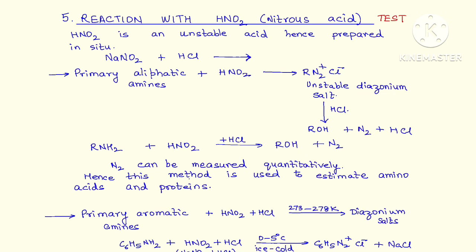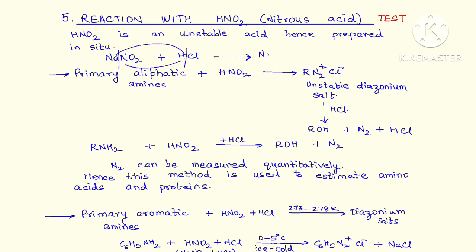Now, the reaction with nitrous acid is an important conversion reaction as well as a test reaction. So, let's study this in greater detail. Nitrous acid is a very unstable acid, hence we prepare it in situ. That is, we take a nitrite salt and add HCl to it. There will be a double decomposition reaction and we will have sodium chloride and HNO2.